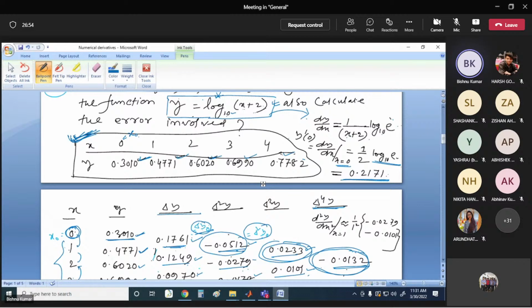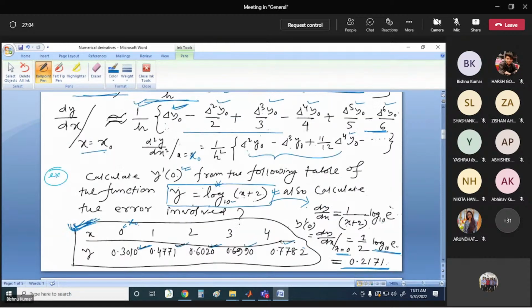Now tell me, you just see this nicely and try to remember this: second derivative at the initial point. Outside 1 by h square, del square y0 (the starting term is the second difference) del square y0 minus del cube y0 plus 11 by 12 del 4 y0. Is it okay?